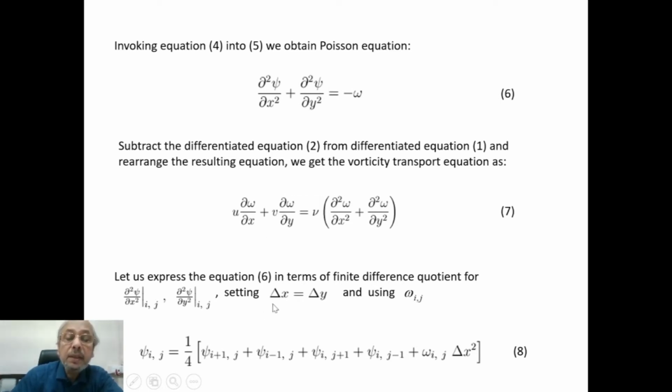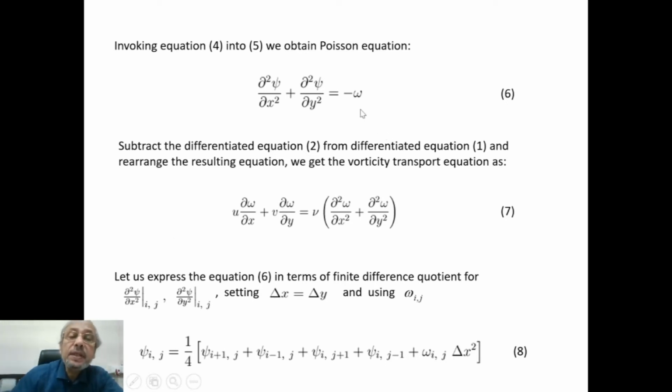And then we set del x equal to del y. There is no harm in doing that. We simplify the problem a little bit. And in usual stream function vorticity methods of solution, if we go for a finite grid, taking del x equal to del y is quite easy and rational.